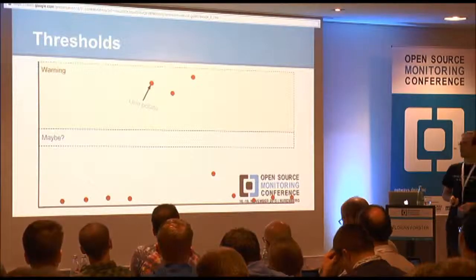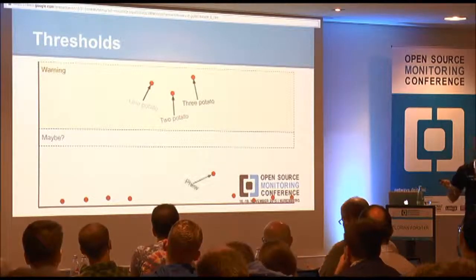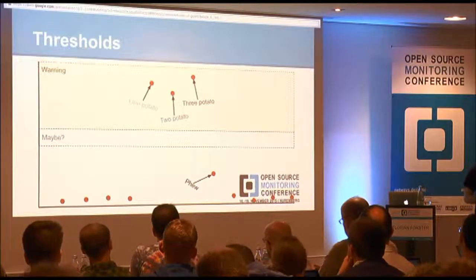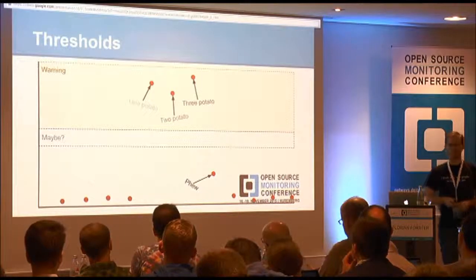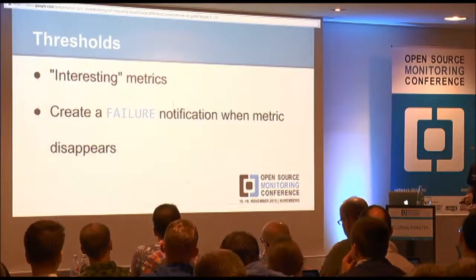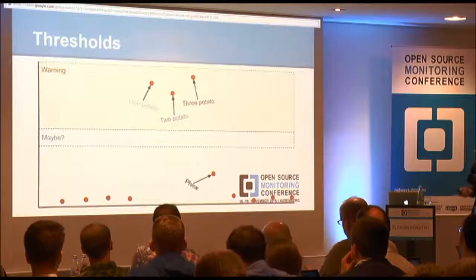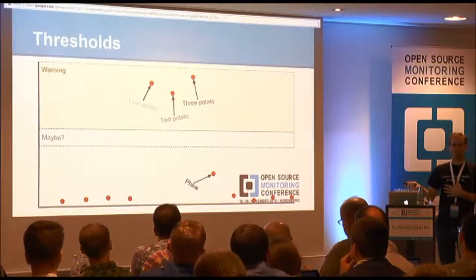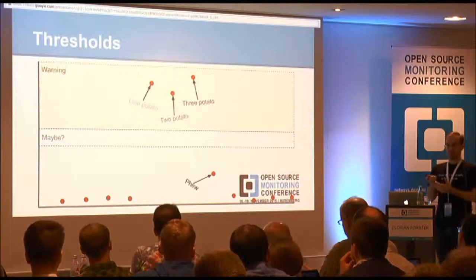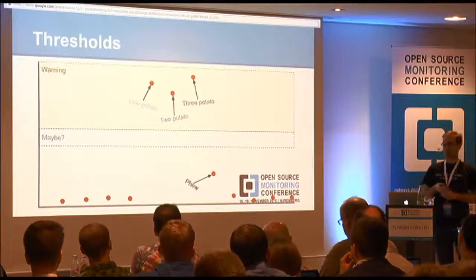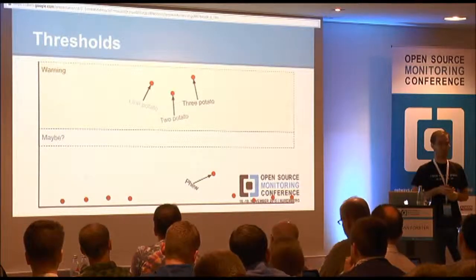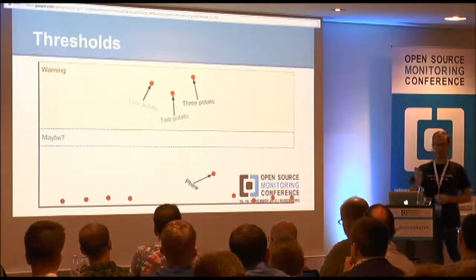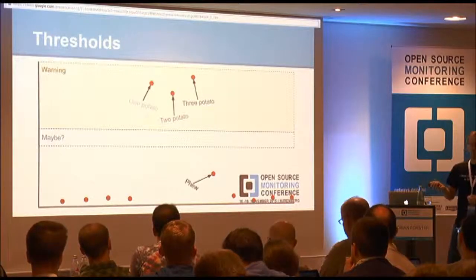Well, 1 potato, 2 potato, 3 potato. Well, that wasn't enough. That wasn't 6, so I'm going to stick with everything is all right. My point here is this is still probably not the best behavior of a system, and this is probably something you want to look into eventually, but this is not something to wake people up for.